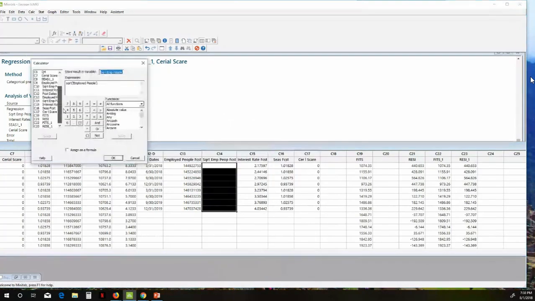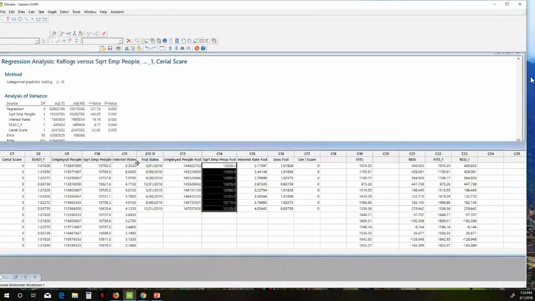We're going to place this in C14, which is the square root of employed people's forecast. We take the square root, SQRT, employed people's forecast, and select OK, and that square root should appear there. Now we should be ready to rock and roll.